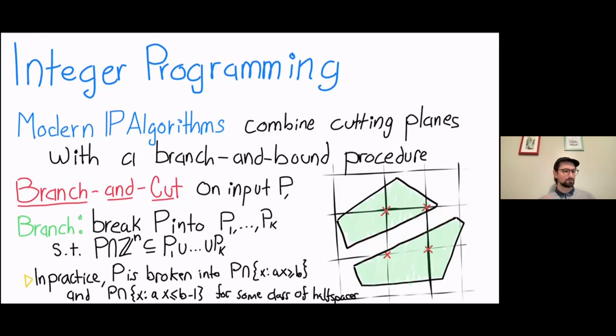In practice, all the branching can be seen as a subset of the following general rule, where you pick an arbitrary integer linear half space, some ax greater than or equal to b, and branch on whether it's true or whether its integer negation is true. That is, ax is greater than or equal to b, or ax is less than or equal to b minus 1.